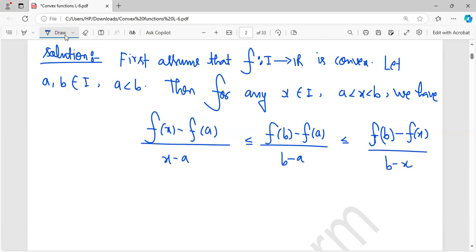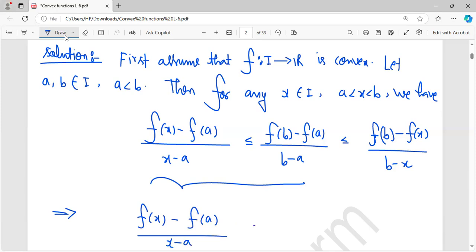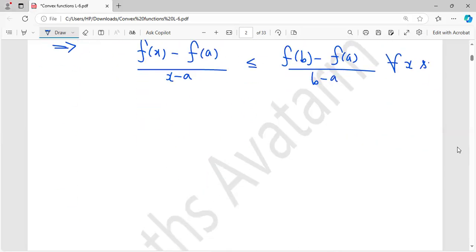Now taking this part, this implies (f(x) - f(a))/(x - a) is less than (f(b) - f(a))/(b - a) for all x in this range.